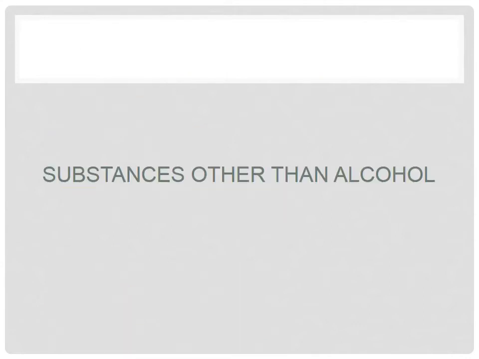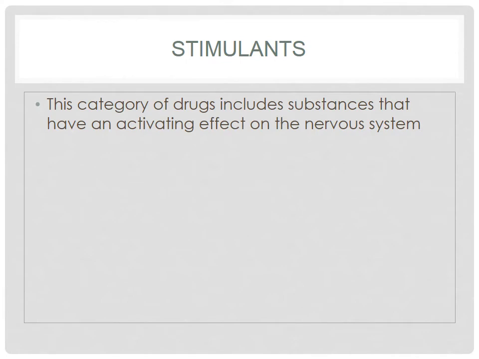Moving away to substances other than alcohol, and there's certainly a variety of them. I'd like to start with stimulants. These are substances that have an activating effect on the nervous system. This category of drugs includes cocaine. This is going to be a highly addictive central nervous system stimulant that an individual can snort, can inject, can smoke, and there are going to be different names.